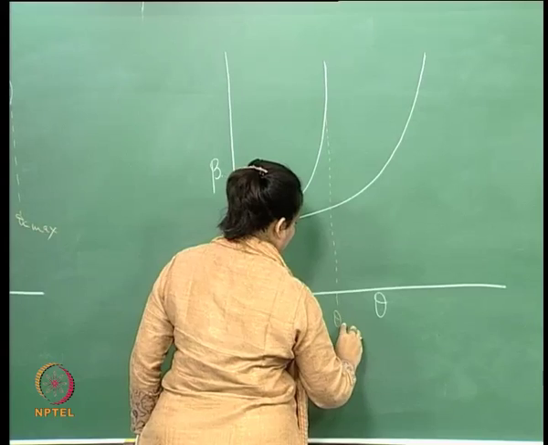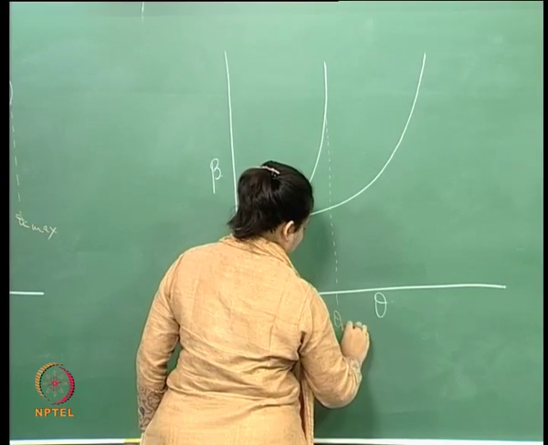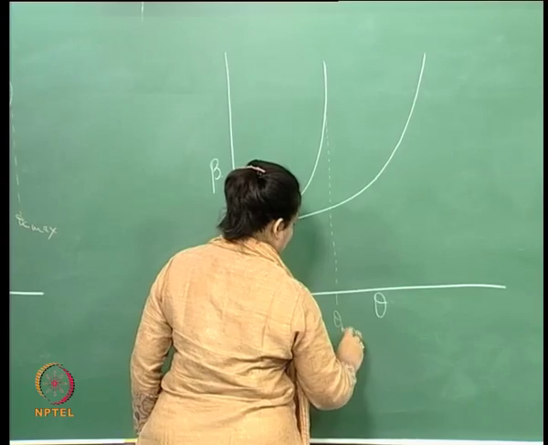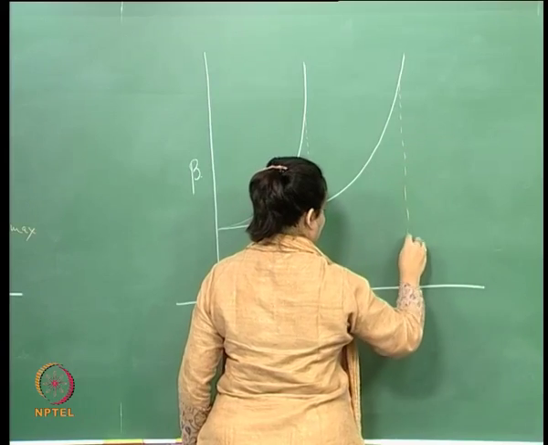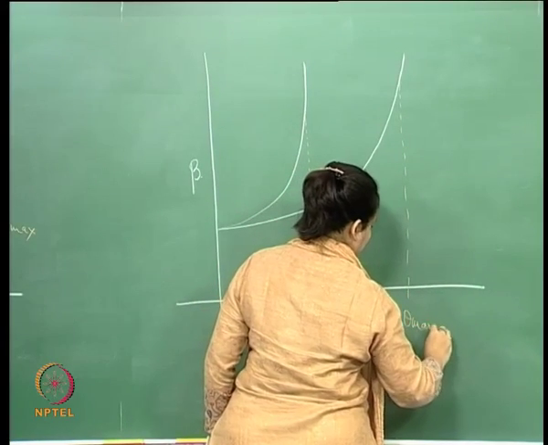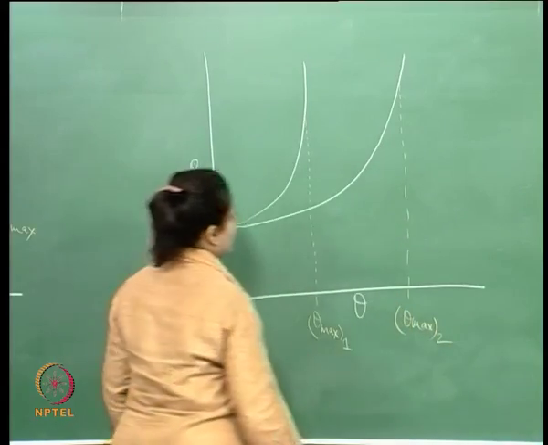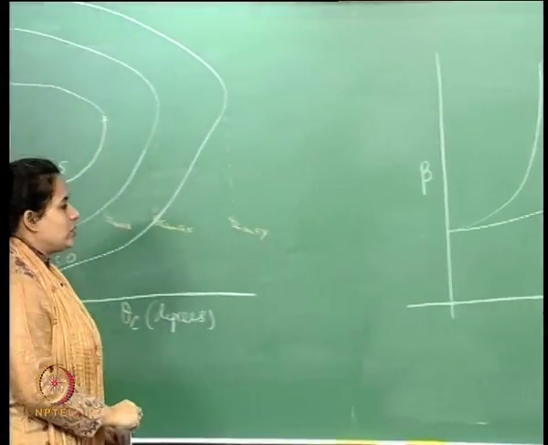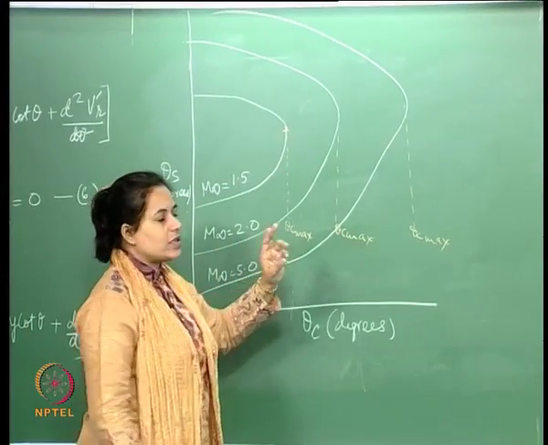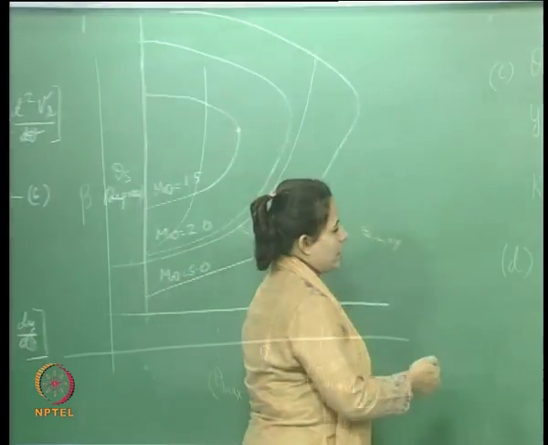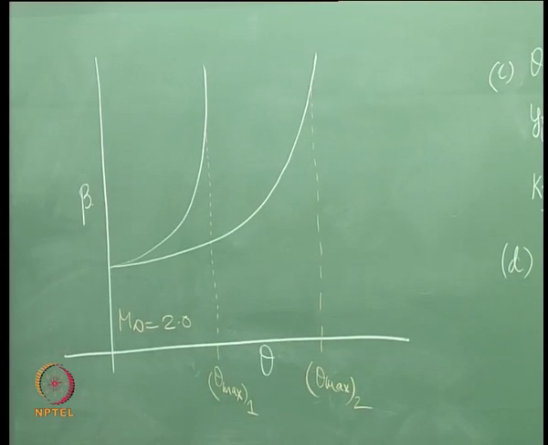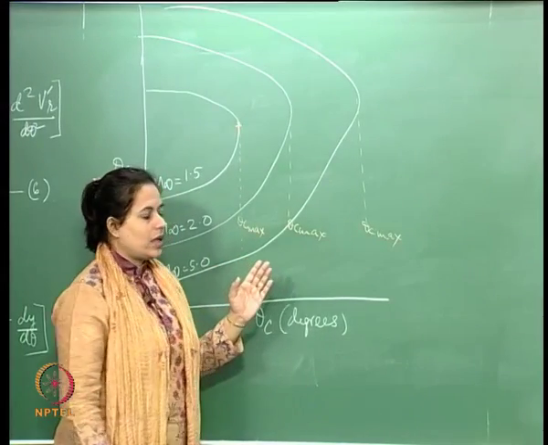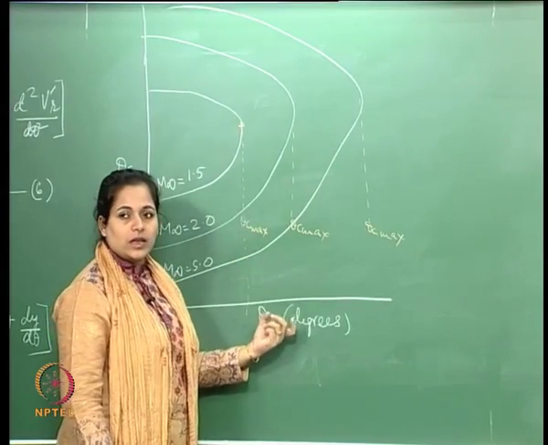So we have, say, a theta max here, okay, and let's call this 1, and we have, say this is for 2. Okay. Now for the same Mach number, okay, the cone has a larger theta c max compared to the wedge.